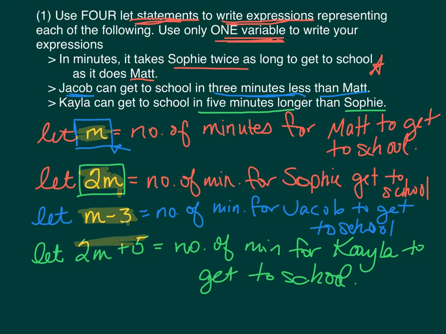So I just want to be very clear what we're referencing and why. These 4 that I just highlighted are the expressions, and the let statements describe each of those expressions. So moving right along, that takes care of part 1.